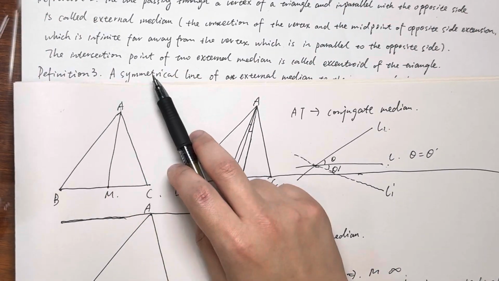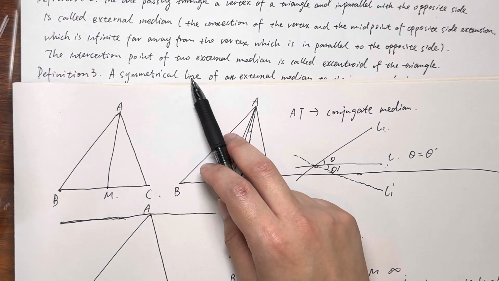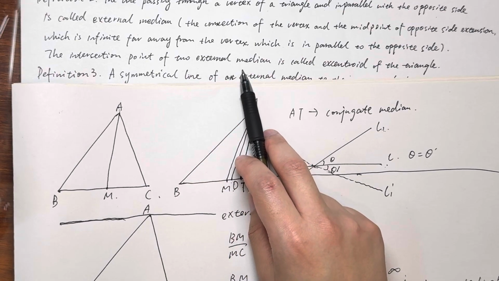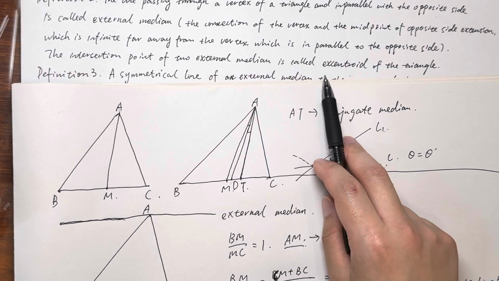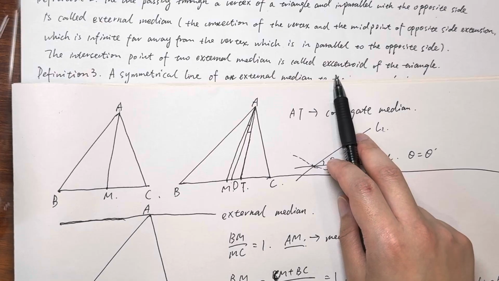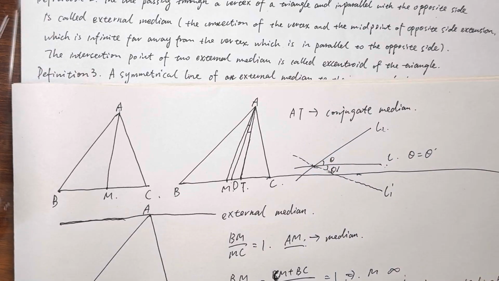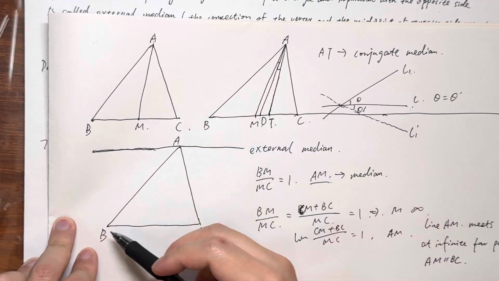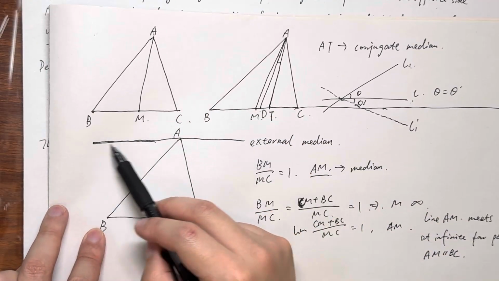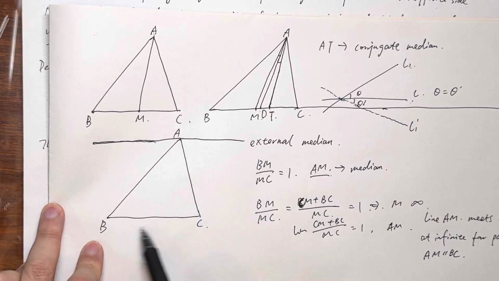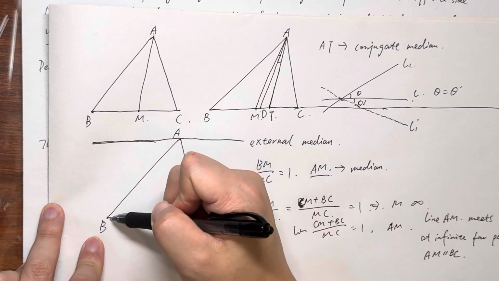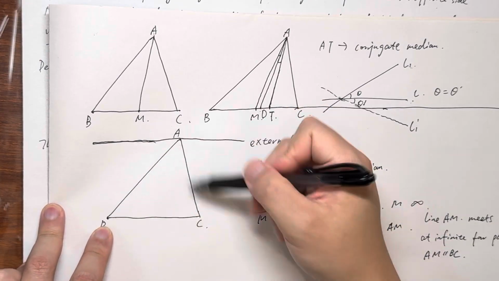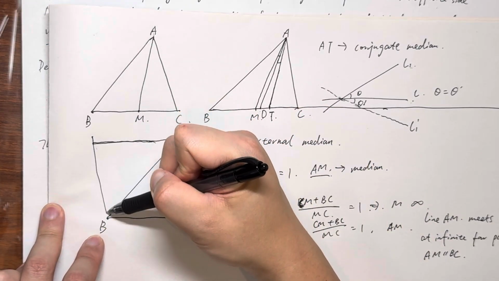And the intersection point of the two external medians is called the eccentroid of the triangle. So that is saying we find a parallel line passing through A parallel to BC, and we find another parallel line passing through B parallel to AC, right?